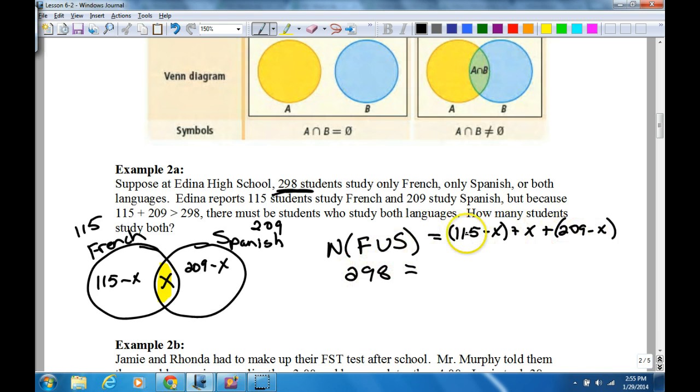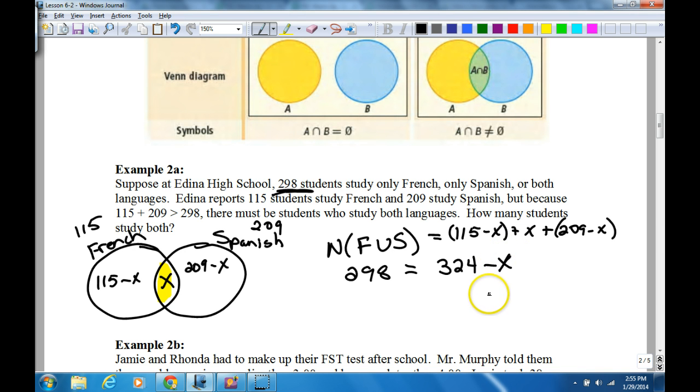So I'm going to have this 298. What are my like terms over here that I can add together? So I can add up 115 and 209, and that ends up being 324. Negative x plus x is what? 0, but I still have a minus x here.